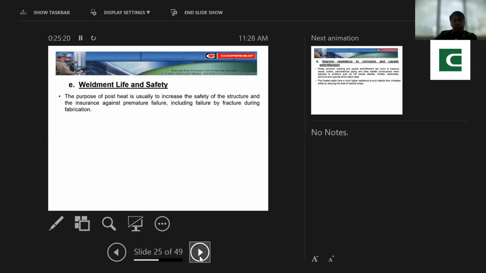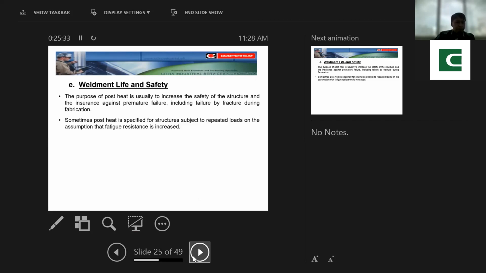So it will improve the corrosion resistance, and the life of your weldment will be extended if you conduct post-weld heat treatment, especially if it has a repeated load that will create fatigue resistance. So if you conduct post-weld heat treatment, it will prolong the life of your weldment.